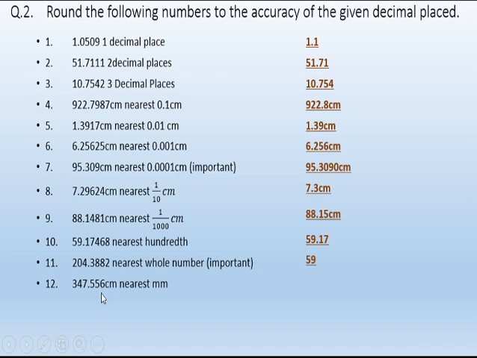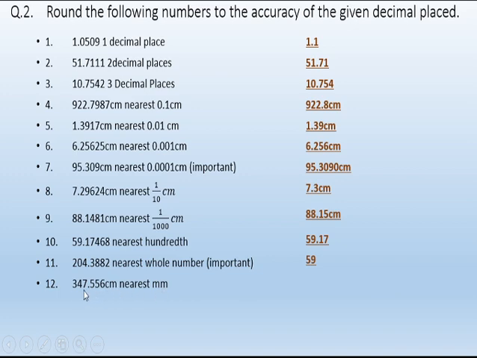Now this is 347 centimeter, and we have to convert into millimeter. And we know that 1 centimeter contains 10 millimeters, so it means we'll be considering the number up to 1 decimal place, because centimeter is the 10th part of this.